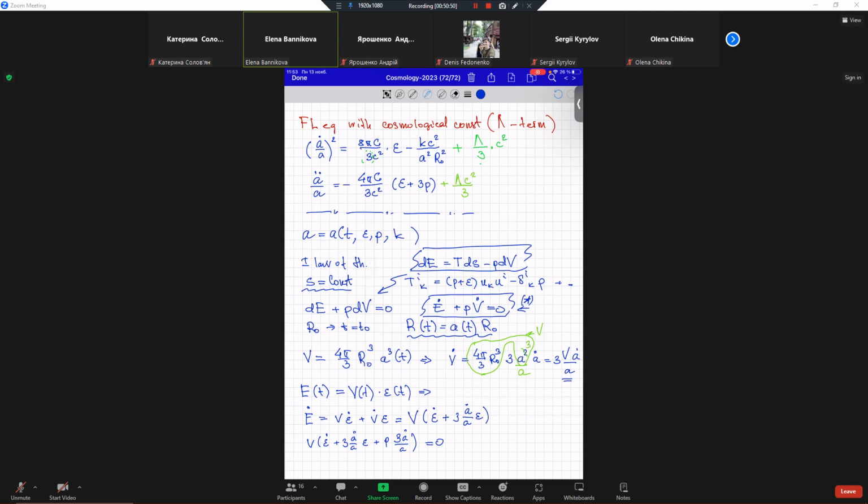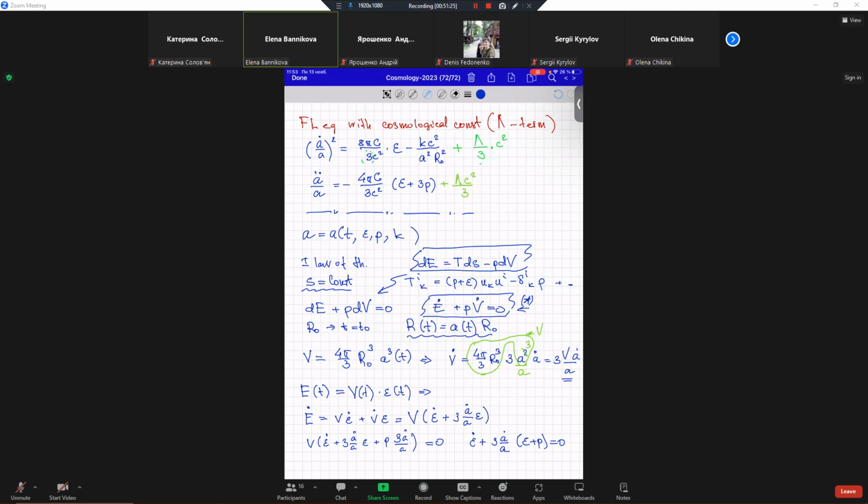Since the volume is not 0, we can finally write the equation in the form: epsilon point plus, I have the same multiplier in two terms, so I can write 3a point divided by a times the bracket epsilon plus P equals 0.